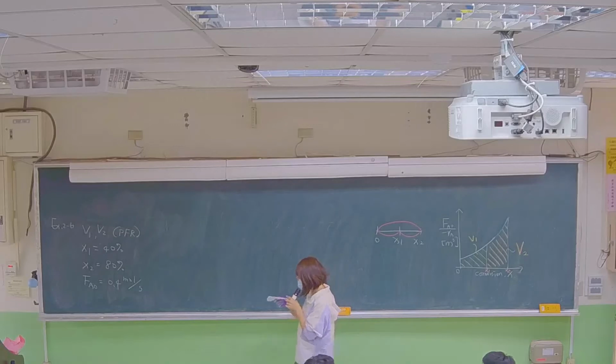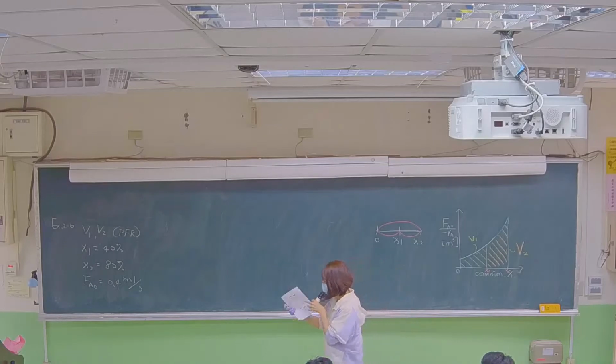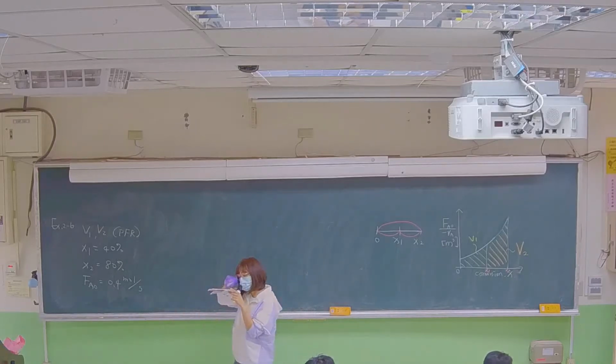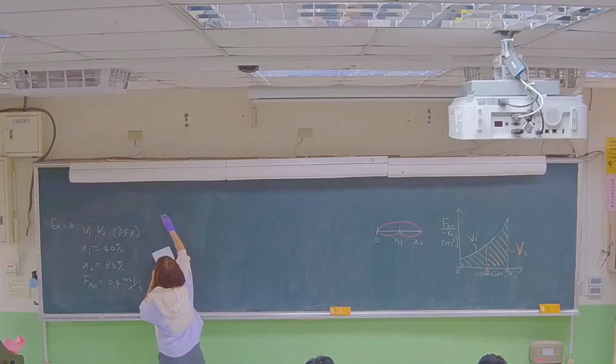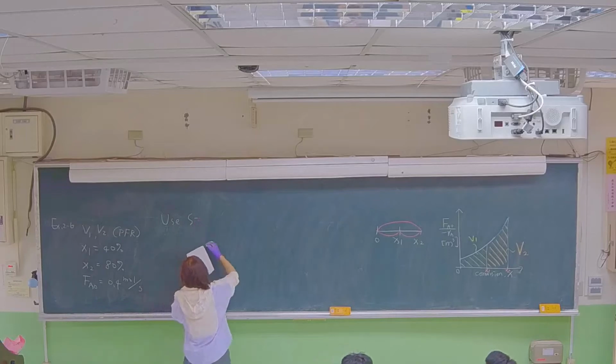Okay, so it is a PFR, right? We don't have the equation. We only have 7 points in table 2-3, right? We only have 7 points. We don't have equations, so you have to use the 5-point or 3-point formula. The 3-point formula is called Simpson's rule.